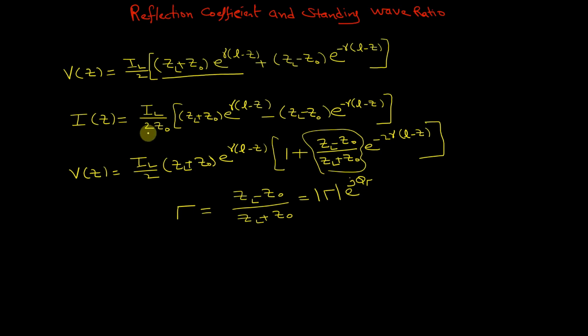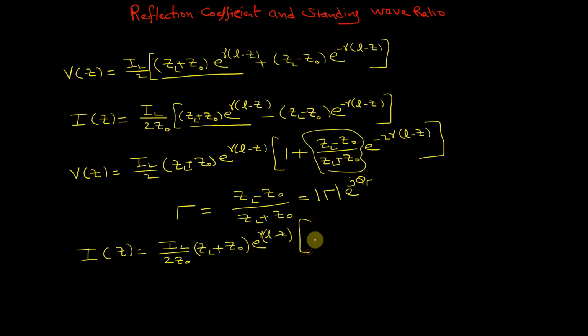Now similarly you can take this complete term common. So we can write I(z) is equal to I_L divided by 2 Z_0 times (Z_L plus Z_0) e^(γ(L−z)) common. You will get 1 here, and here you will get minus.